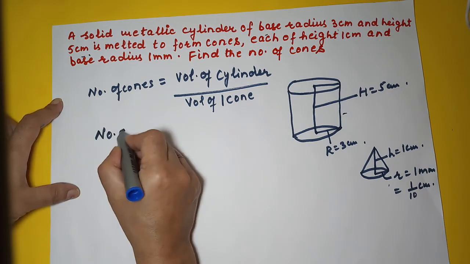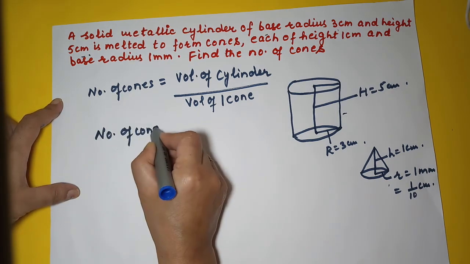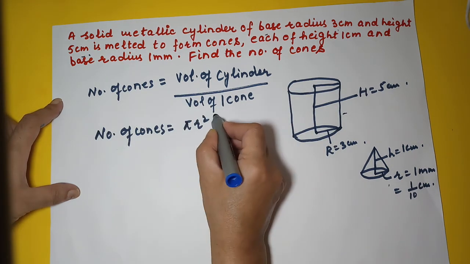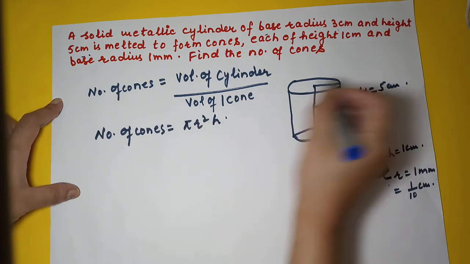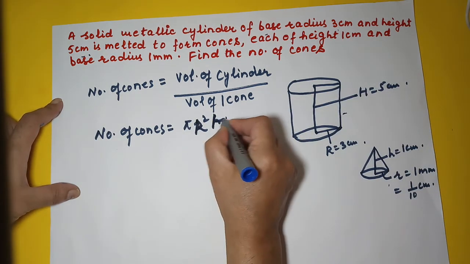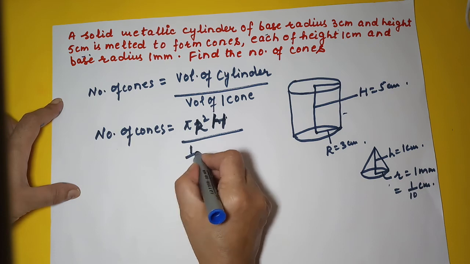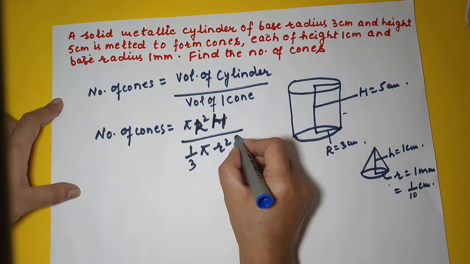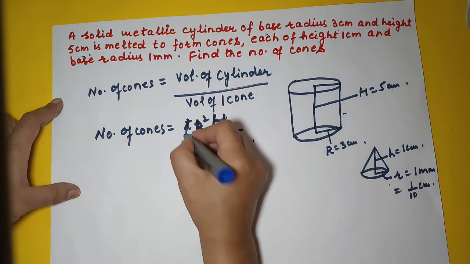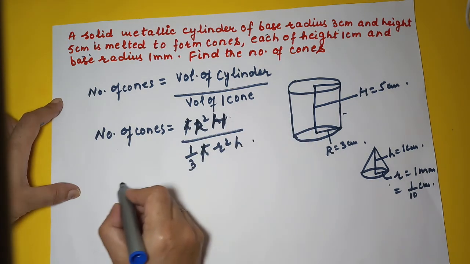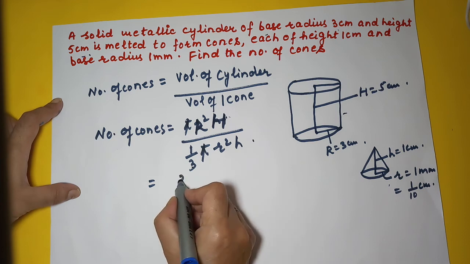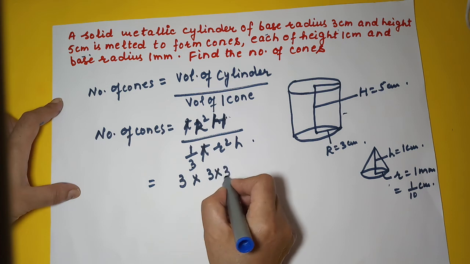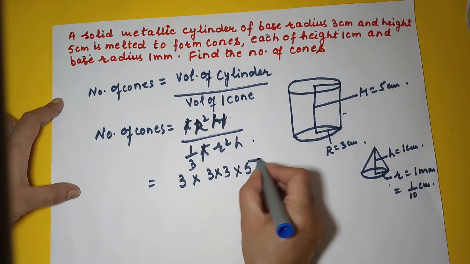So your number of cones will be, what is the volume of cylinder? It is pi R square H, capital R and capital H, divided by 1 by 3 pi r square h. Now pi and pi will cancel. This 3 will come up. So you will have number of cones as 3 into 3 into 3, and h is 5, right?